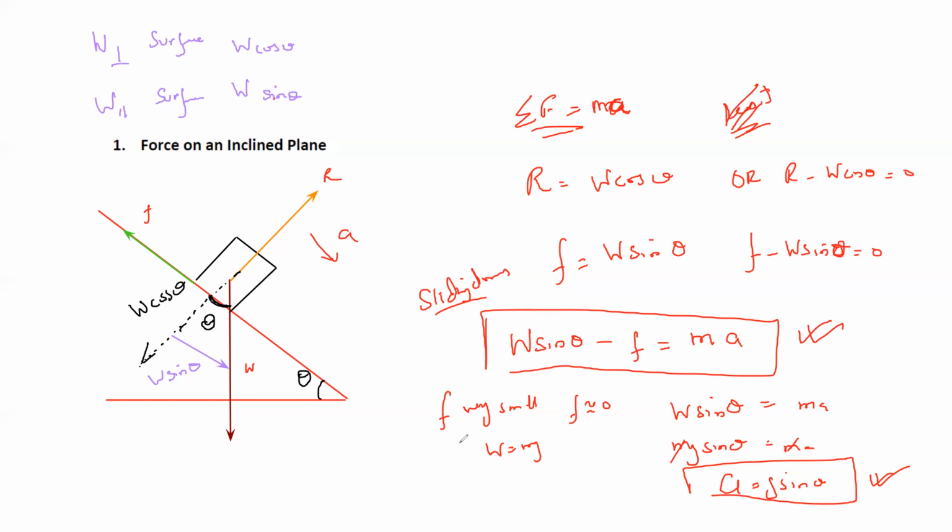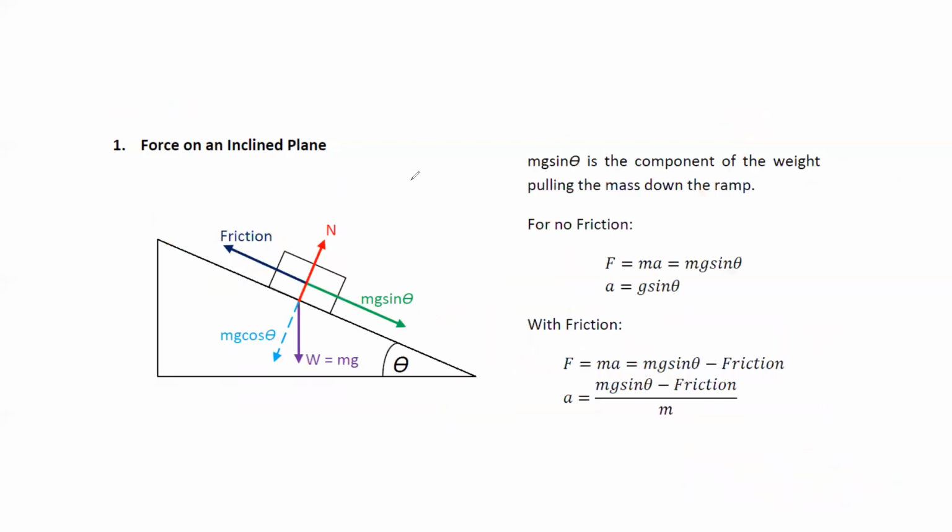Is it clear, this concept on an inclined surface about the resultant force? So this is when there is no friction, and this is when there is friction.